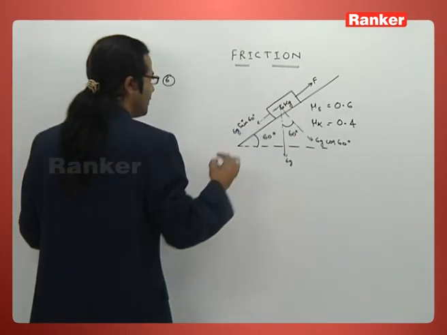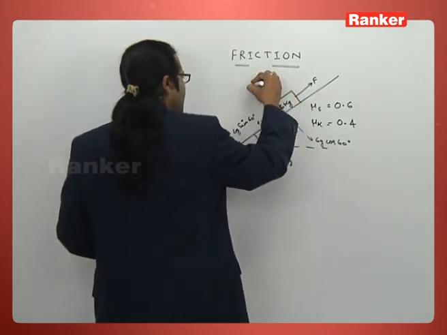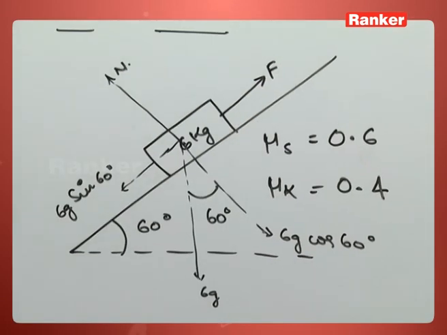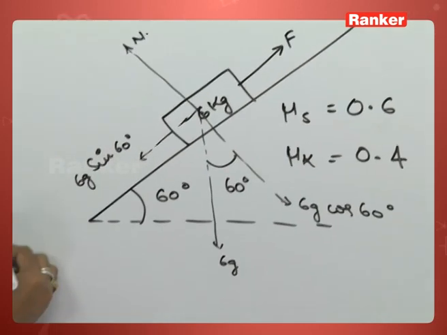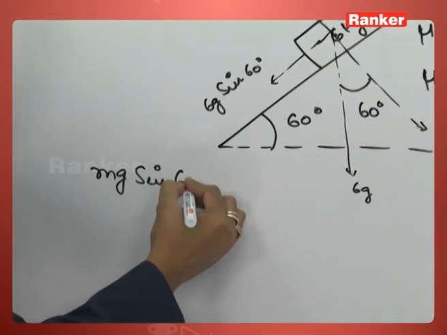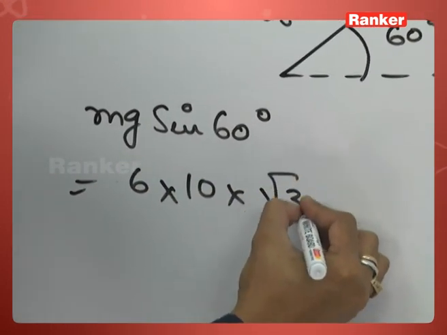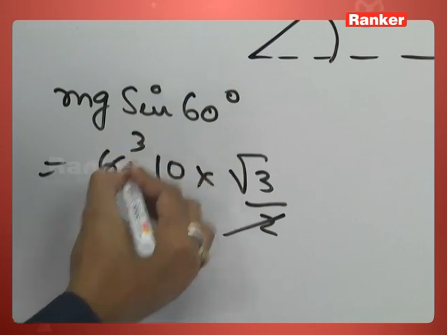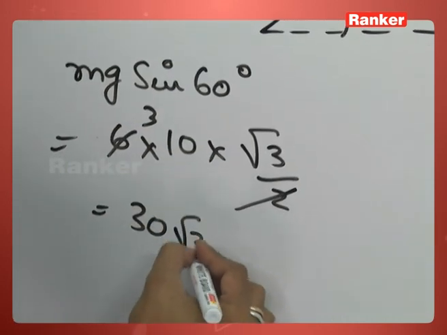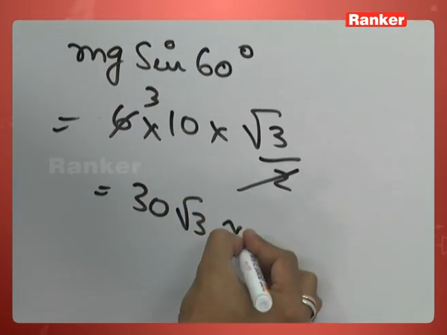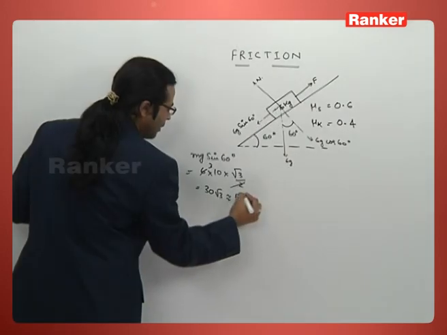Here I write the normal force acting in this way. So mg sin 60 degrees, mg is 6 into 10 into sin 60 degrees, root 3 by 2, that is 30 root 3, approximately I take it to be 52 Newton.